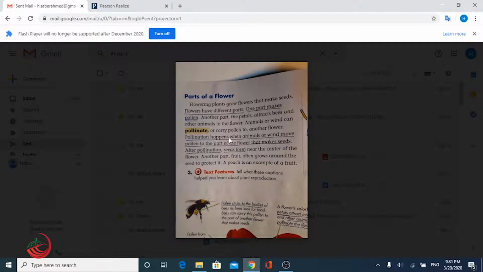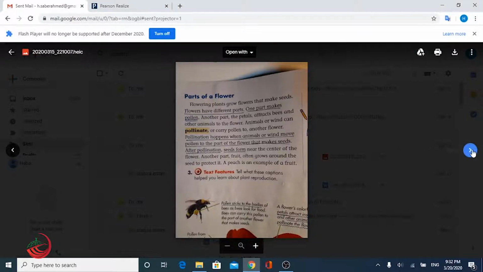Pollination happens when animals or wind move pollen to the part of the flower that makes seeds. After pollination, seeds form. And also, the fruit may be produced around the seed to protect it. Okay, easy information? I hope it is.